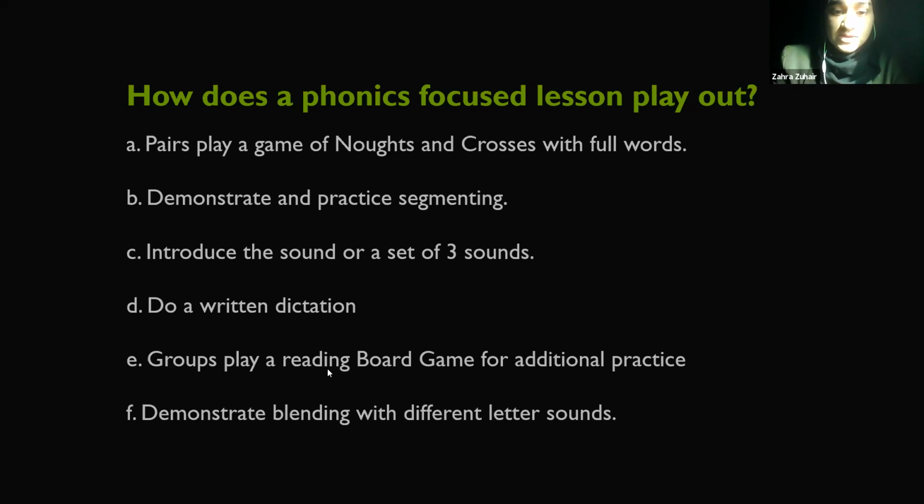And then they do additional reading practice with the board game. The board game works like a usual board game, except there are words to read instead of whatever is in a usual board game. And then we demonstrate and practice segmenting. And I'll show you an activity as well on how to practice segmenting. And then we do a written dictation.